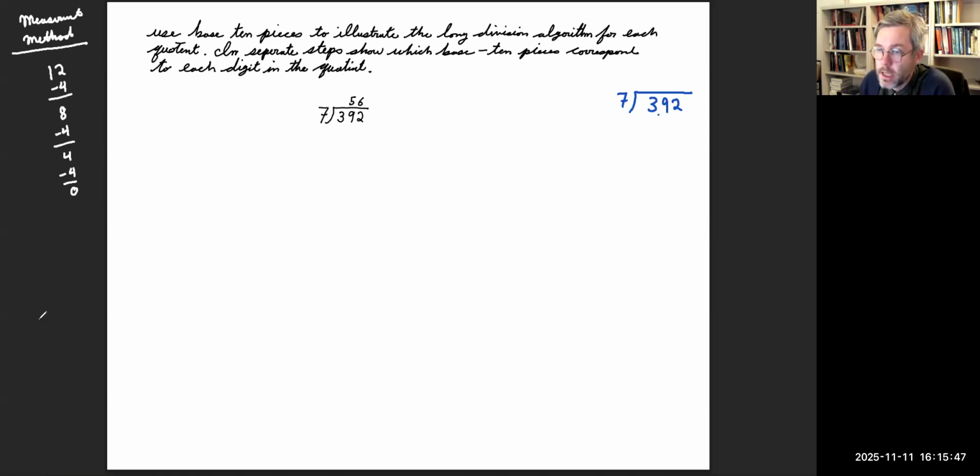From memory, the closest thing I can get to is 35. So 5 times 7 is 35. And then 39 minus 35, I believe, is 4. If I bring down this 2, I get 42. What can I multiply 7 by to get 42? I believe that would be 6. 42, subtract, there's a remainder of 0.